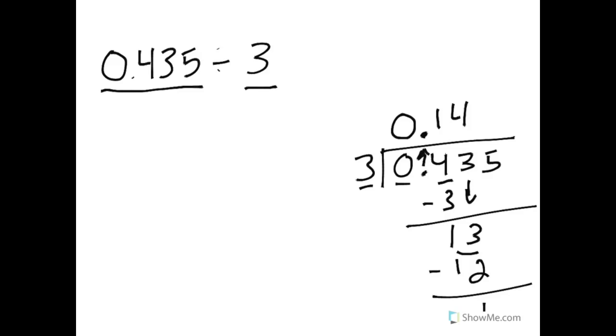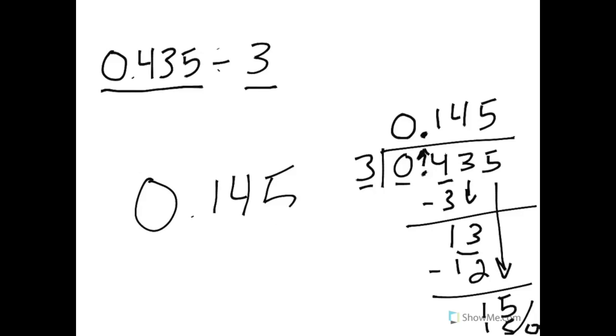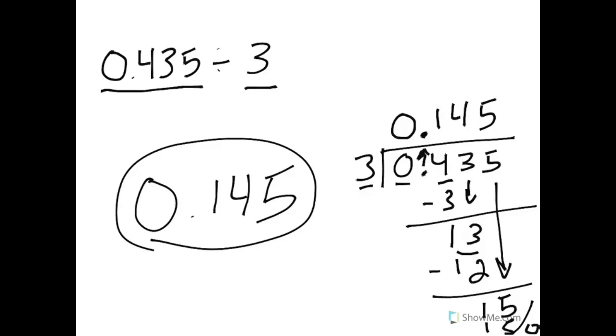I'm going to subtract again. Bring down my next number, which is 5. That gives me 15. Does 3 go into 15? We know that it goes in 5 times exactly. Subtract, get 0, and there's nothing left to bring down. So our answer then becomes 0.145.